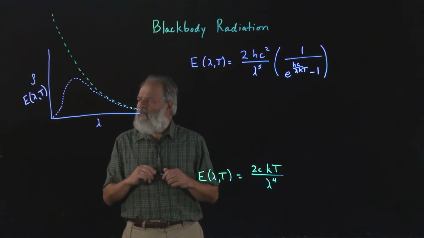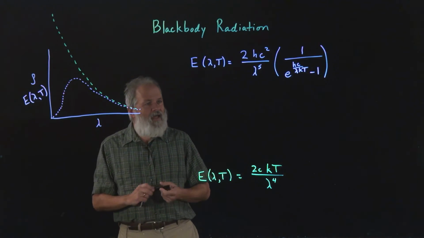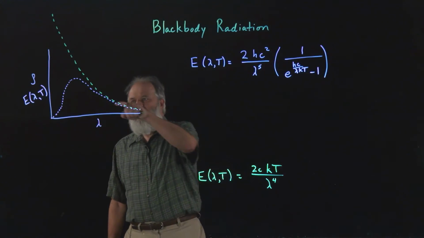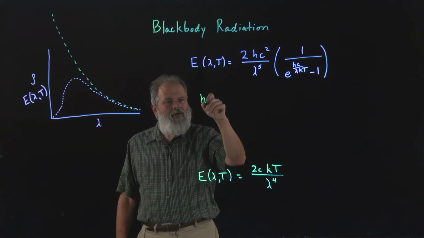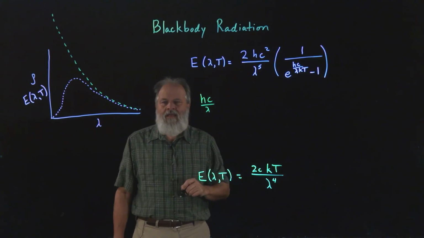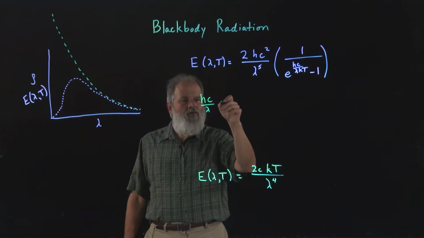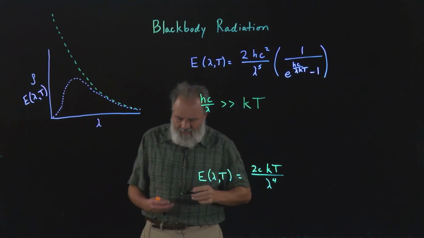Okay. Now, this quantum idea has to occur, so the deviation of this occurs when the energy of the light, which is h nu or hc over lambda, is way too large compared to the amount of thermal energy.